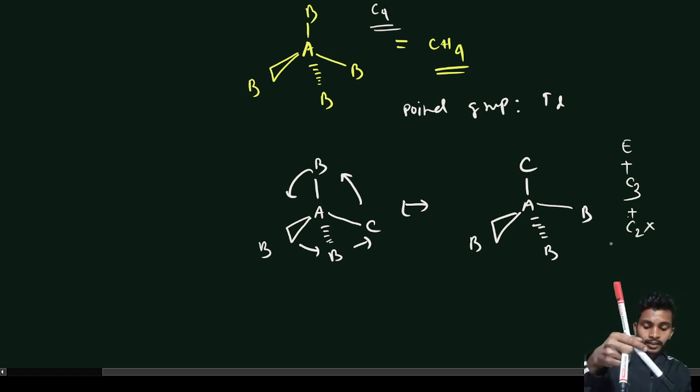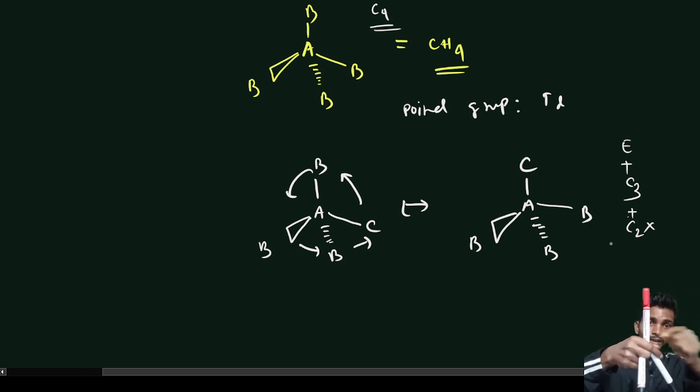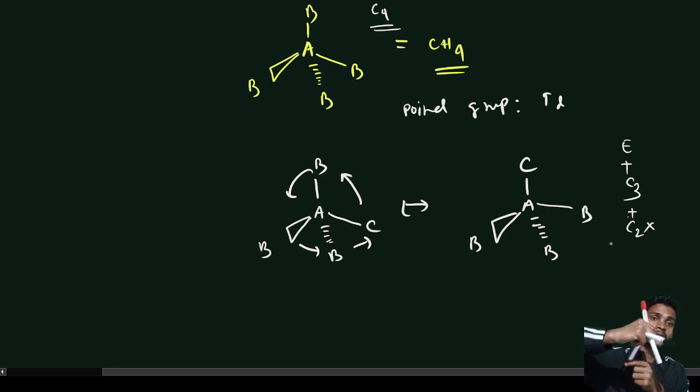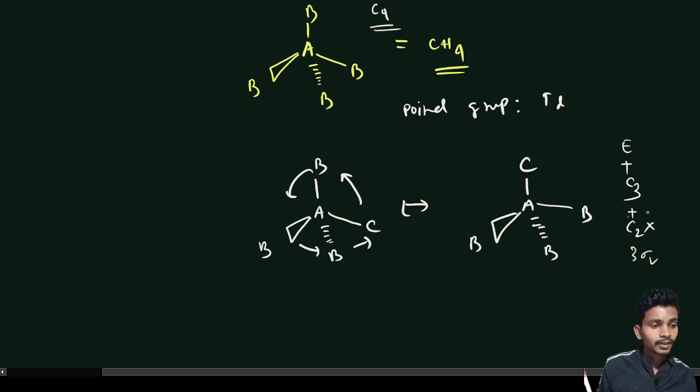And sigma v is present. Yes, because if I pass that plane cutting this and this, then these two will get reflected. If I cut the molecule here and here, then these two will get reflected, means sigma v is there, and one sigma v is there, then 3 sigma v is there.